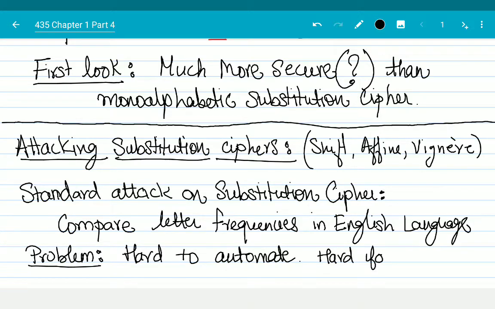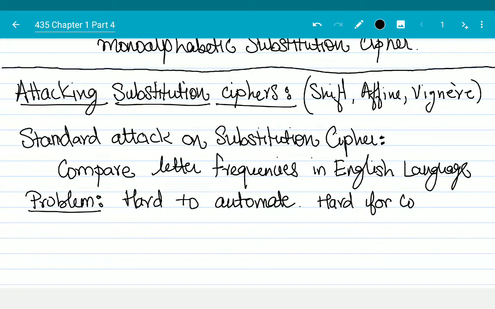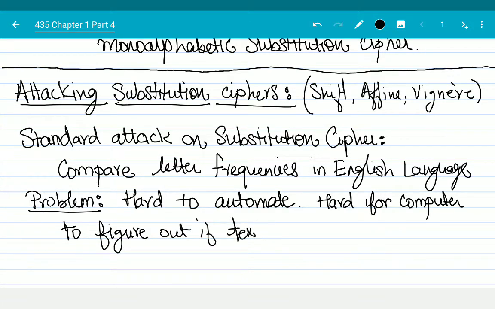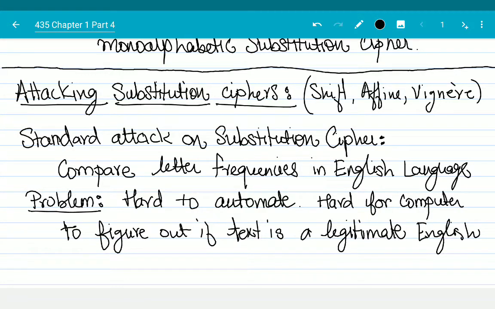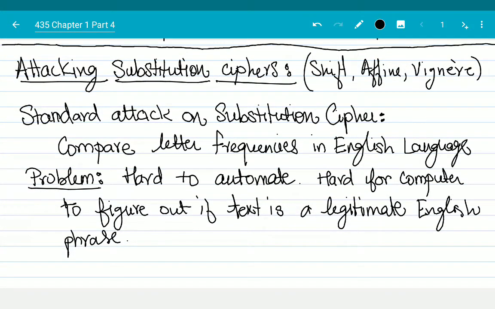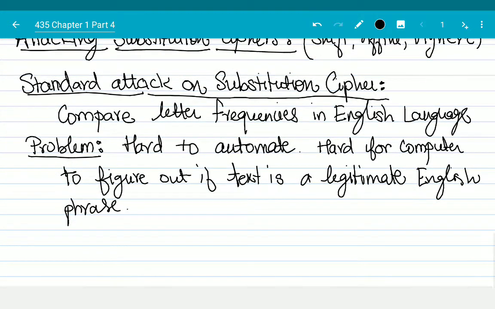Hard for a computer to figure out if text is a legitimate English phrase. Right? And that is how you attack the substitution cipher.